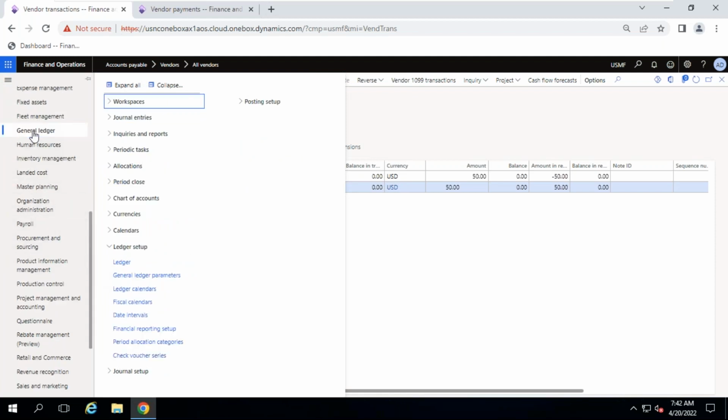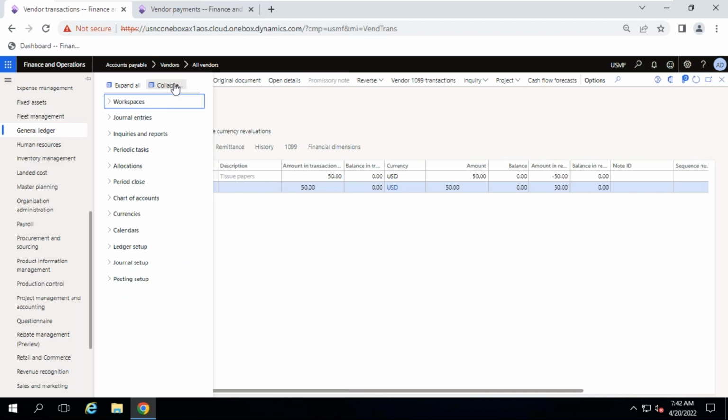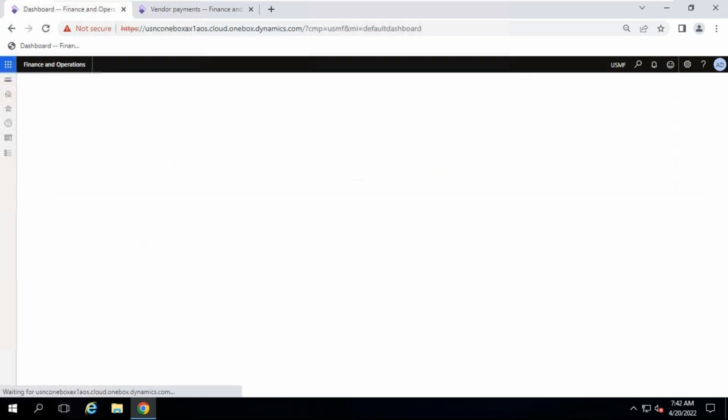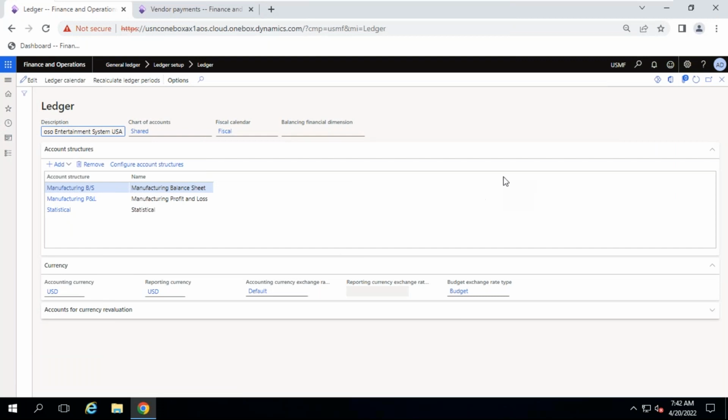In the general ledger module, collapse all, ledger setup, ledger. This company is USMF. USMF means a USA based company. That is the reason the accounting currency is US dollars, and the reporting currency is also US dollars, it was mapped. Okay, suppose your company is in Germany, it is DEMF.